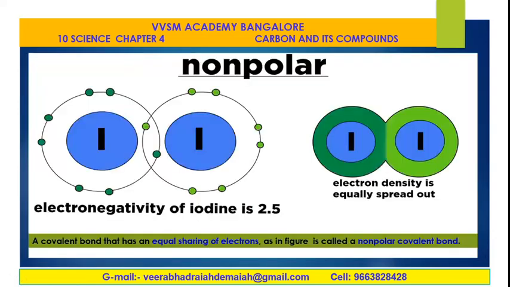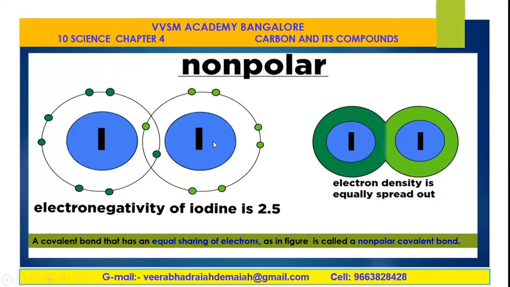Non-polarity. Electronegativity of iodine is 2.5. Electron density is equally spread out. So therefore, in a non-polar covalent bond, there will be equal sharing of electrons between both iodine atoms.